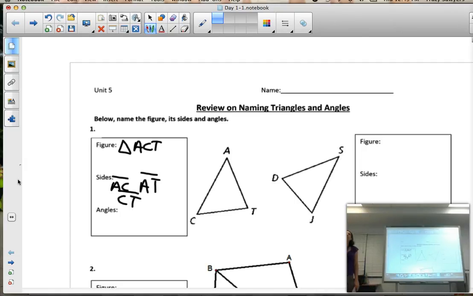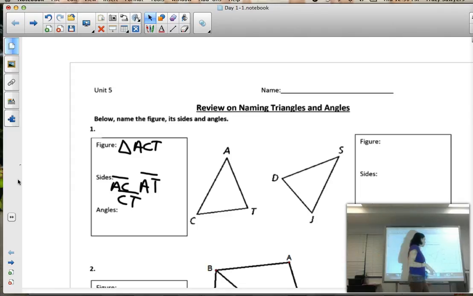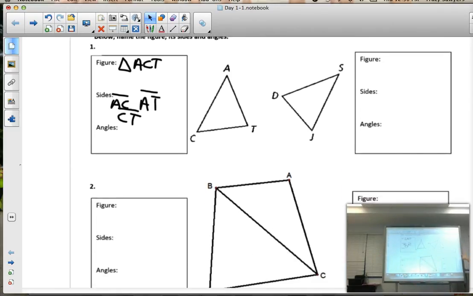Now, when we do these type of examples, we want to get in the habit of naming angles with 3 letters, not just one, because what you're going to start to see is all these triangles overlapping and on top of each other. So let's talk about the angles, but I want to talk about them with 3 letters. Who can give me one of the angles with 3 letters?